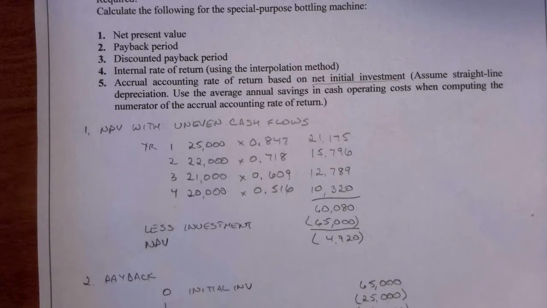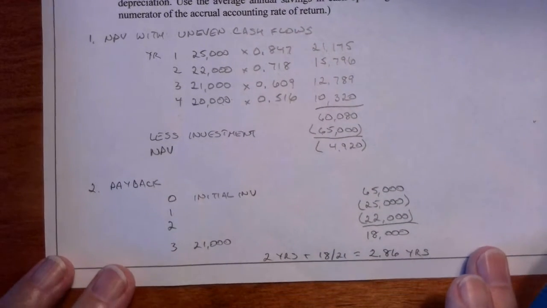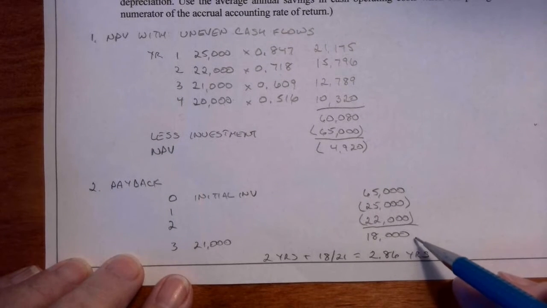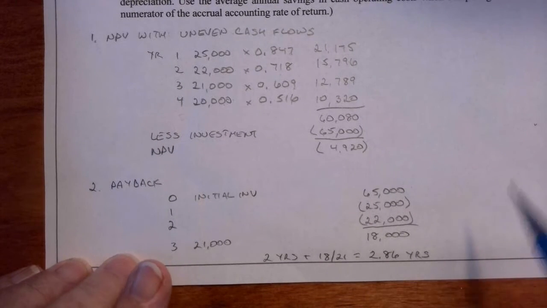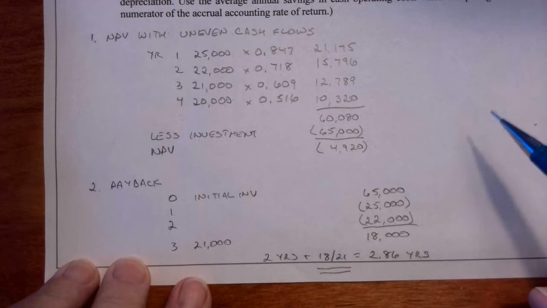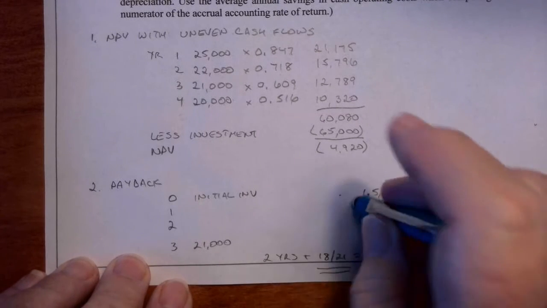Okay. Now payback is, remember, all we're doing is going until it pays for itself, and then we're done. The part you want to pay attention to here are those partial years, so just get it straight in your head and you're all set. So we've got an initial investment, and you know what, these are all going the wrong way, aren't they?